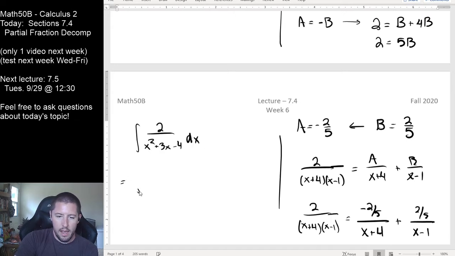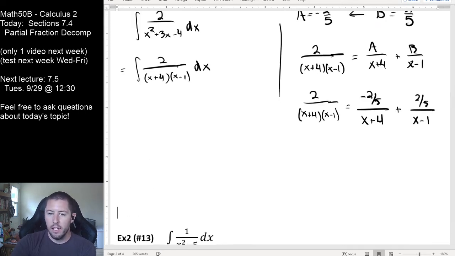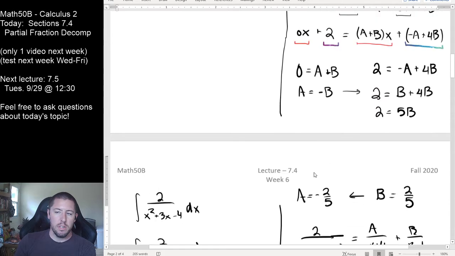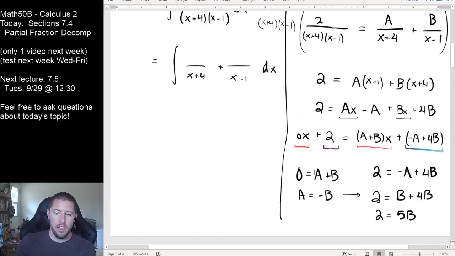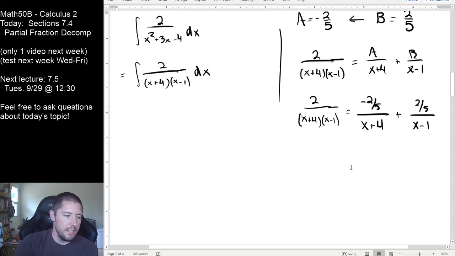I'm going to go ahead and factor the denominator into x plus 4, x minus 1. I did all my side work, a lot of side work. This is like a heavy side work section right here, where most of the work that you do is decomposing your fraction. The whole point is that the integration should be easy at the end. So most of the work in 7.4 is all side work.